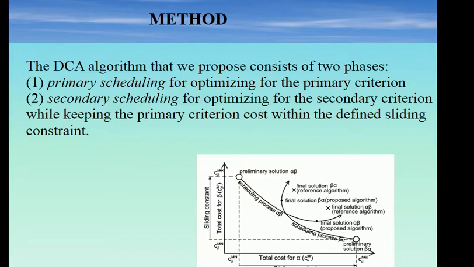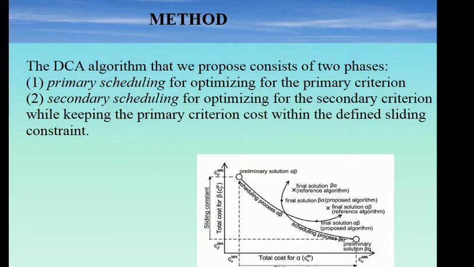The curved arrow shows a typical optimization curve followed by the secondary scheduling by applying a sequence of modifications to the primary solution. The final solution is the point of the optimization curve that optimizes the secondary criterion.